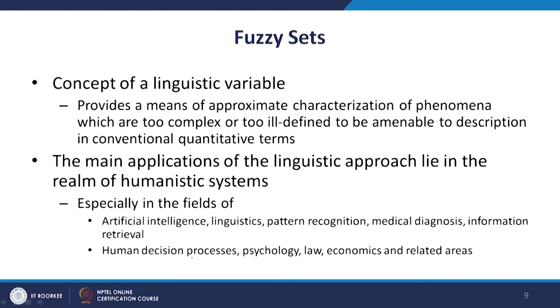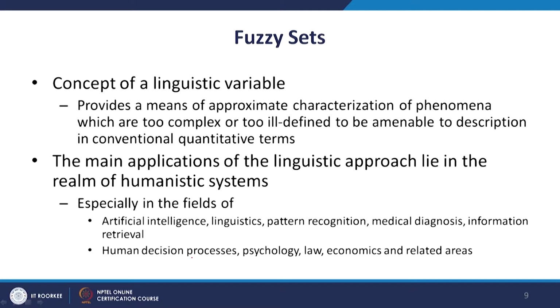Now that we know how the linguistic variable is defined, what is the main concept of a linguistic variable? It provides a means of approximate characterization of phenomena which are too complex or too ill defined to be amenable to description in conventional quantitative terms.